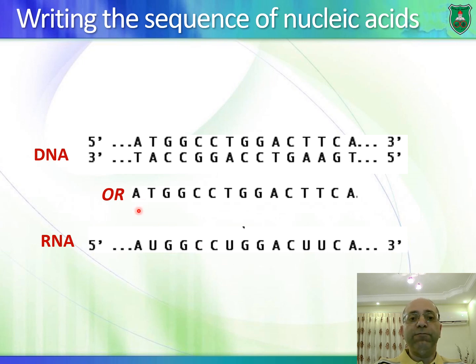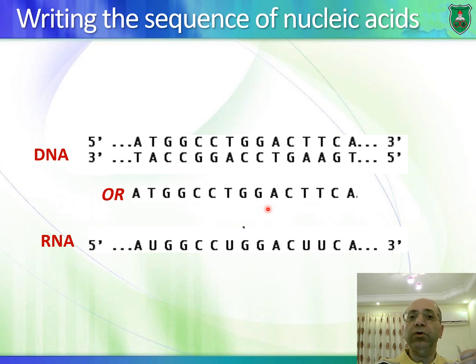Now, for DNA or RNA, by the way, for DNA, for example, if I ask you what is the sequence of this DNA molecule, you can just say it's A, T, G, G, C, C, T, G, whatever. Now, you don't have to tell me two things.